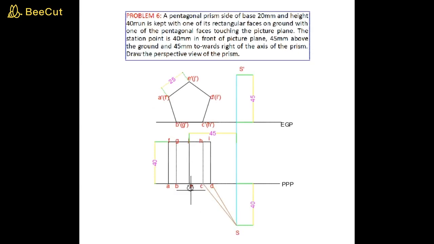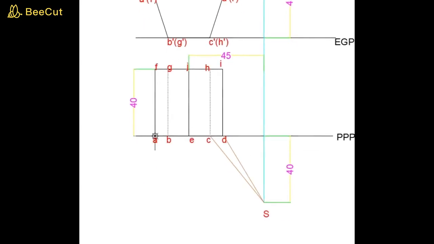Actually, you don't have to draw the lines in this particular picture plane, because when we are drawing these lines in the top view, you need the intersection of visual rays in the picture plane. Since they are already intersecting with the picture plane, you don't have to draw these 5 lines, but here I am just drawing those lines to avoid confusion. So a total of 10 visual rays are there.